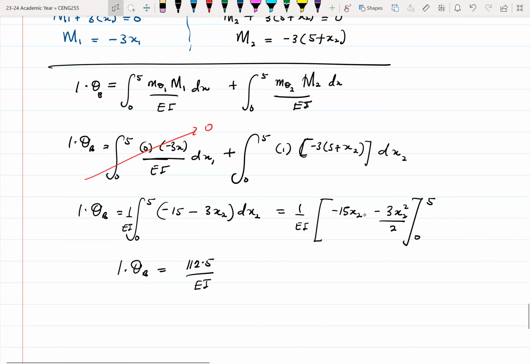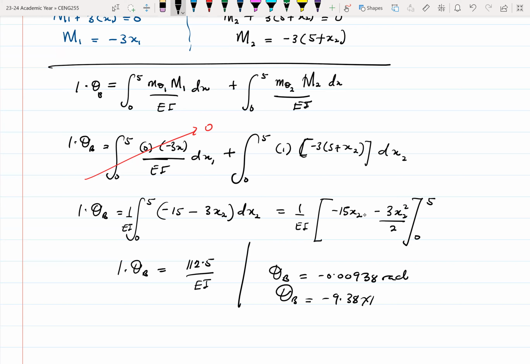And then we know what EI is, so our theta b will be equal to minus 0.00938 radians. Our theta b here will be equal to minus 9.38 times 10 exponent minus 3 radians.